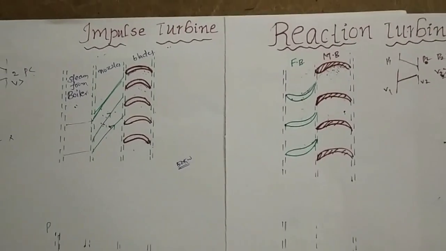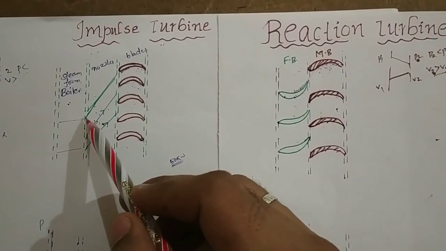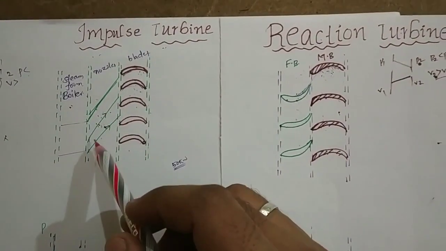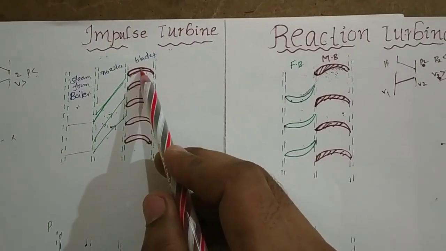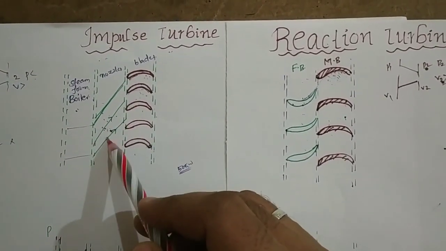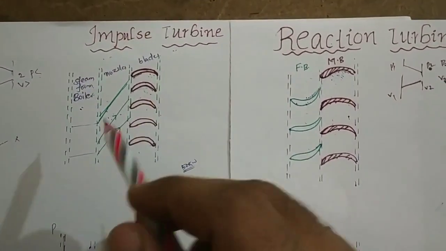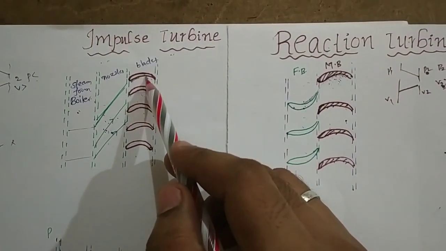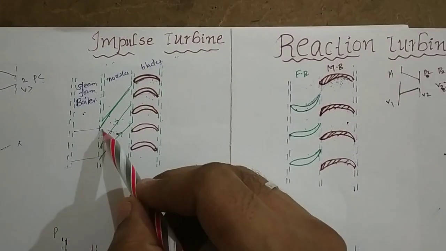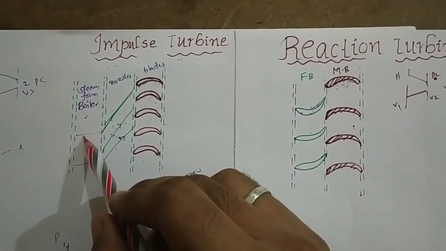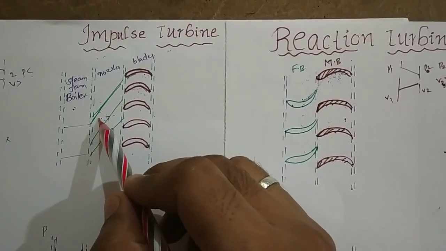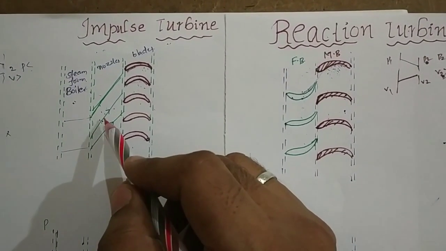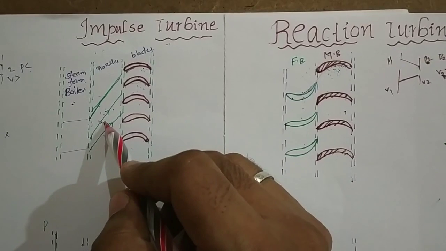I am explaining. See, the impulse turbine consists of a set of nozzles followed by the moving blades. Here the set of nozzles will be placed throughout the turbine, and the moving blades here. When the steam from the boiler enters the steam nozzles, you know the function of the nozzle: the nozzle increases the kinetic energy and decreases the pressure.